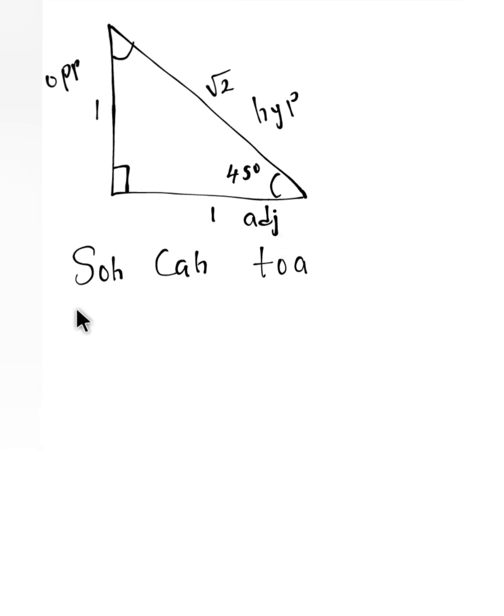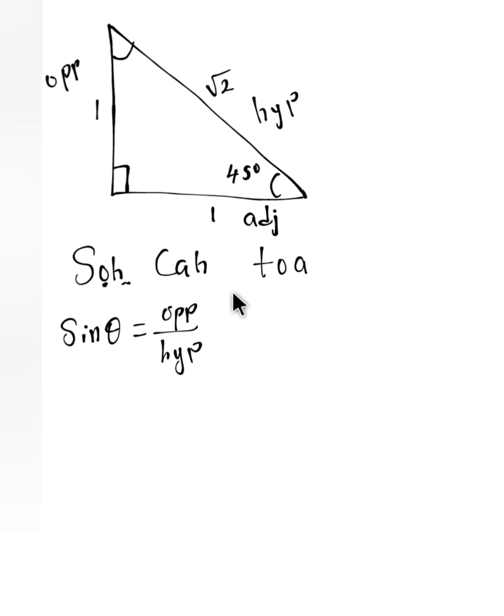For sine, we'll make use of this first one here. This represents sine, which is sine theta is equal to O over H. O represents opposite, H represents hypotenuse.